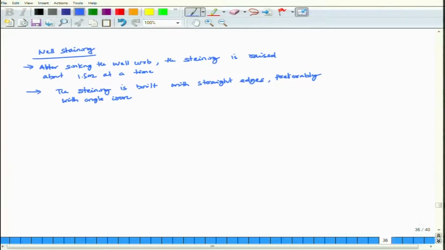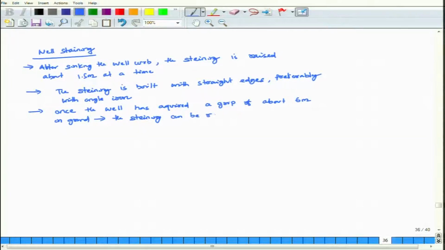Once the well has acquired a grip of about 6 meter in ground, the steining can be raised about 3 meter at a time.